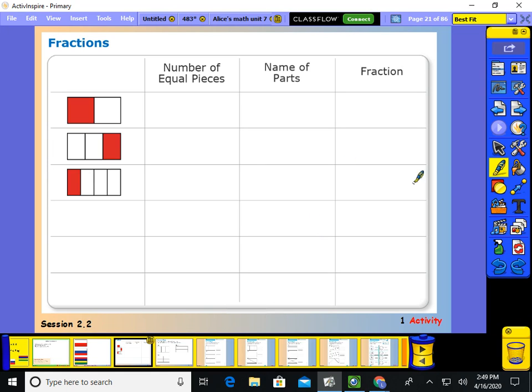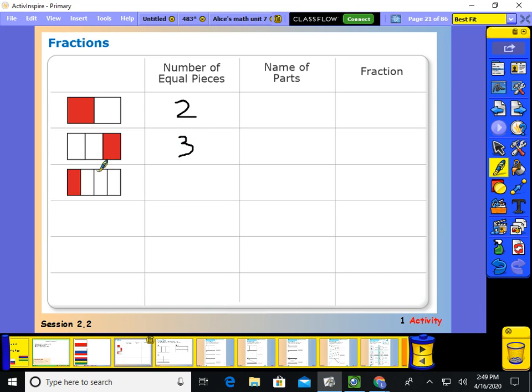So on this chart, it wants to know the number of equal pieces. When we talk about fractions, we must refer to equal pieces. So there are 2 equal pieces here. There are 3 equal pieces in size here.